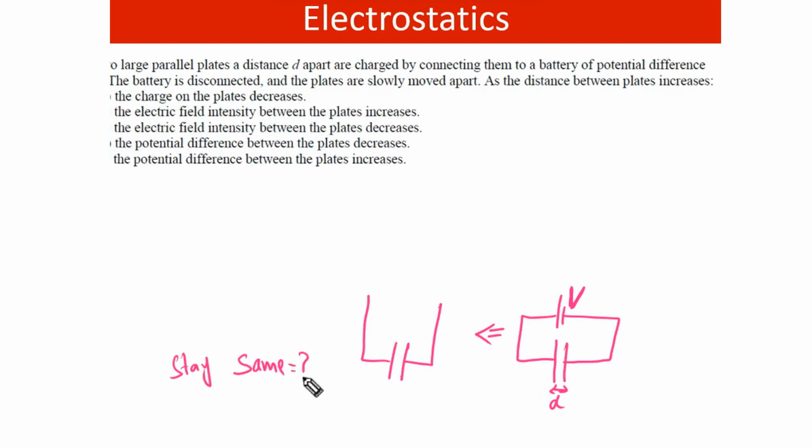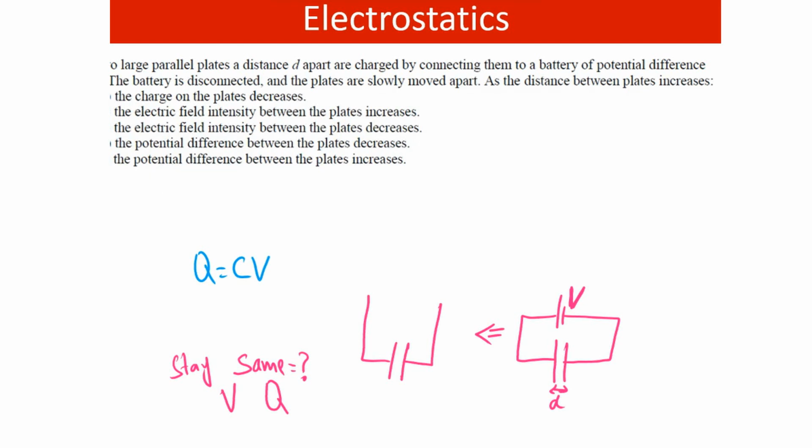I will write it down, you need to think about this one. What will stay the same? Is it V that will stay the same? Is it Q that will stay the same? When we disconnect the battery, what will stay the same? Then you have to understand a little about this formula as well. Think a little more about this one.